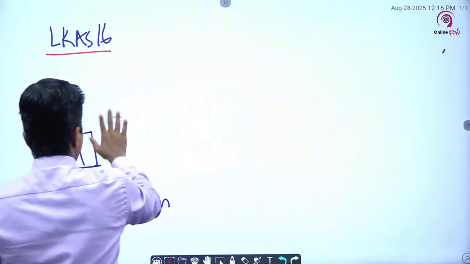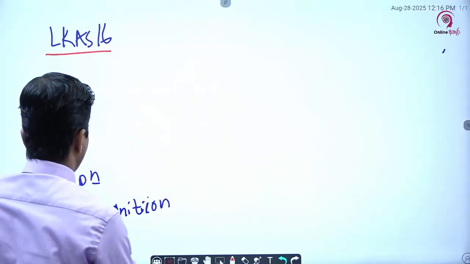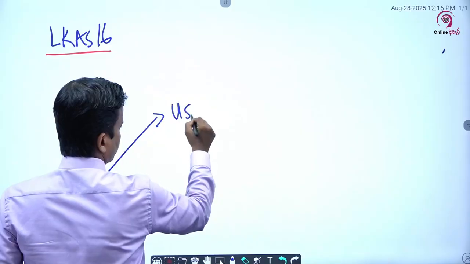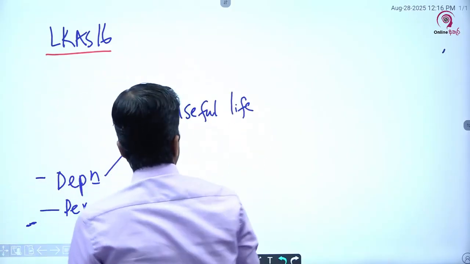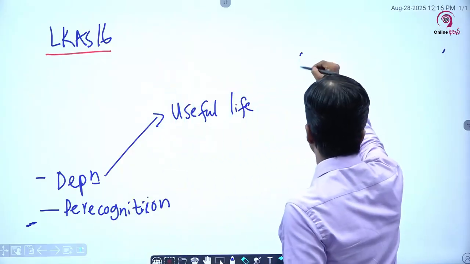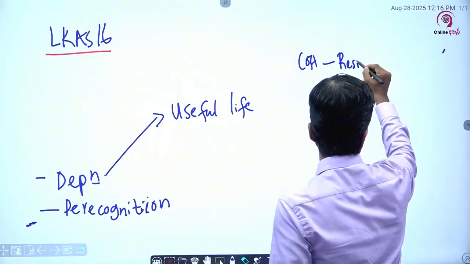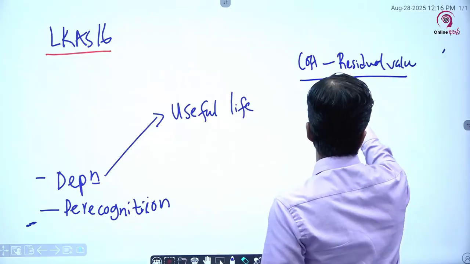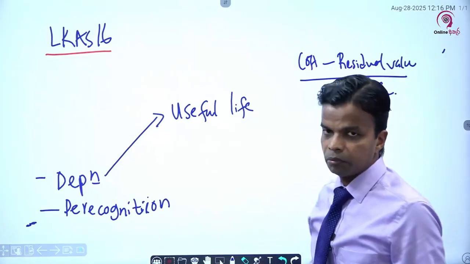When it comes to depreciation, it is very important for you to decide what is my useful life, right? So ideally depreciation means you have the cost of the asset minus residual value, and divide by useful life. That is your depreciation.